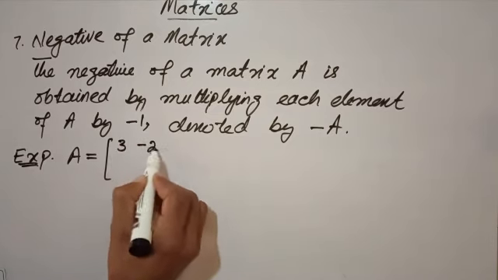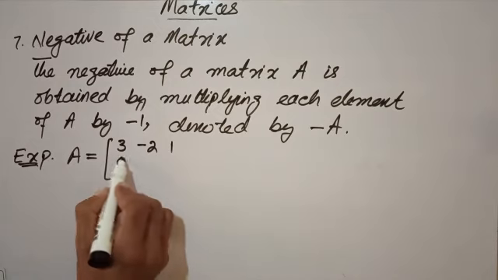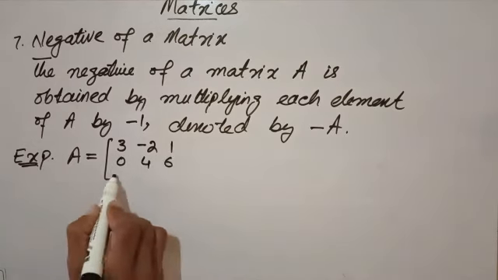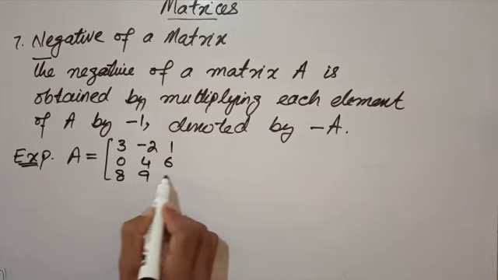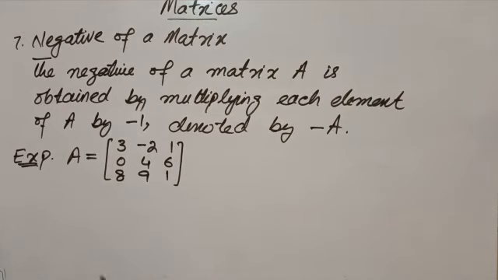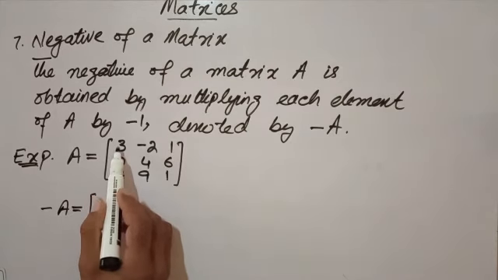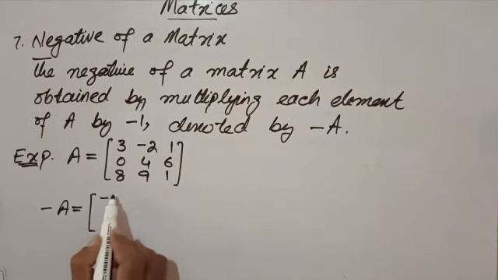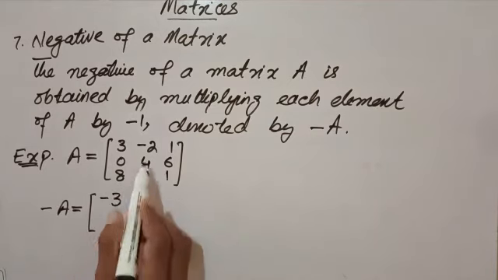3, minus 2, 1, 0, 4, 6, 8, 9, 1. If this is a matrix, the negative of this matrix is given by negative A equals, we'll multiply each entry by minus 1. So 3 into minus 1 becomes minus 3.